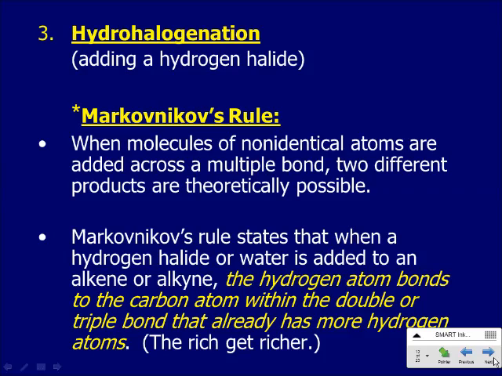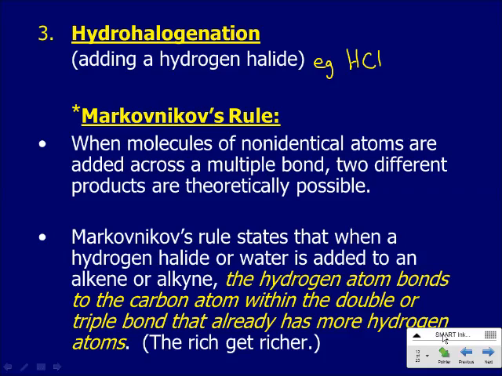Hydrohalogenation. Now, adding a hydrogen halide. I'm going to give you an example of a hydrogen halide. A hydrogen halide is anything that has hydrogen and a halide, like HCl, or HBr, or HI.